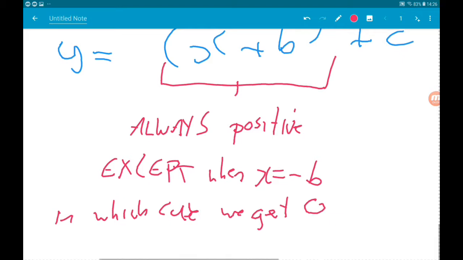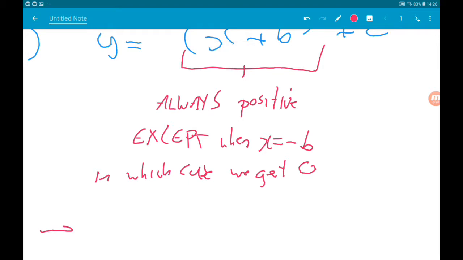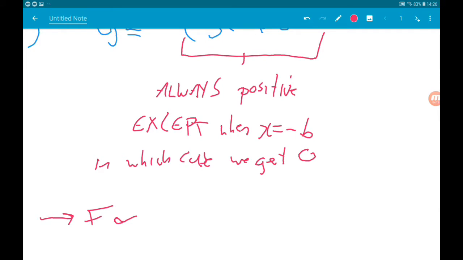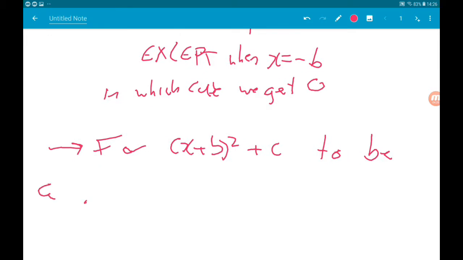So, for (x add b) squared add c to be a minimum, (x add b) all squared must be 0 because any other value it takes is bigger than 0.